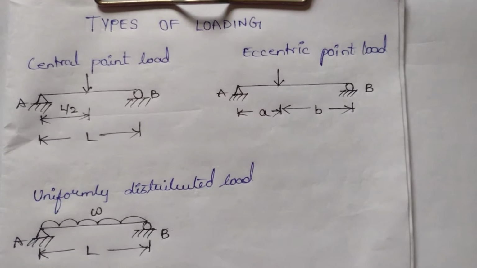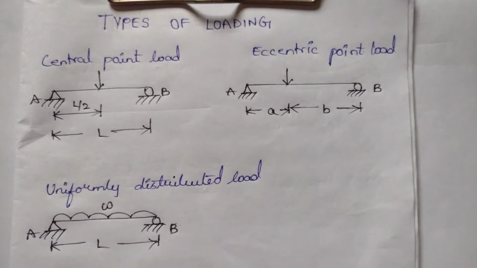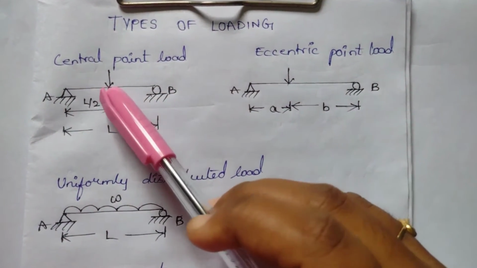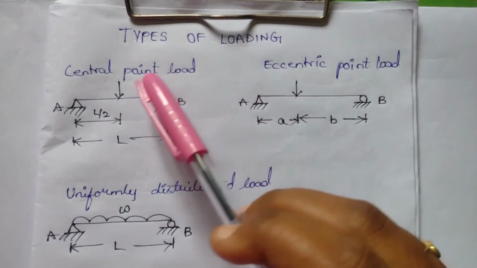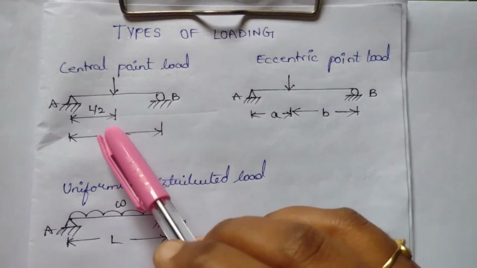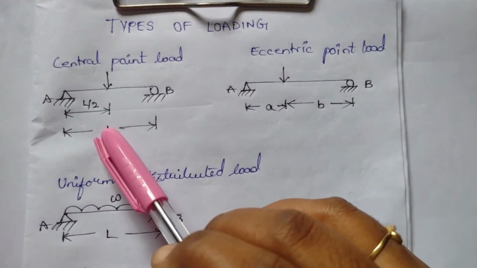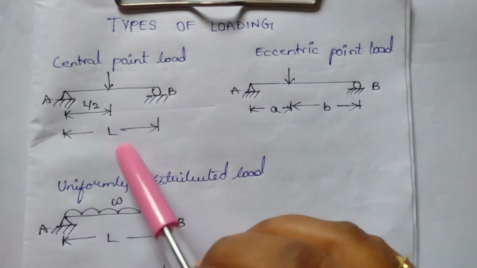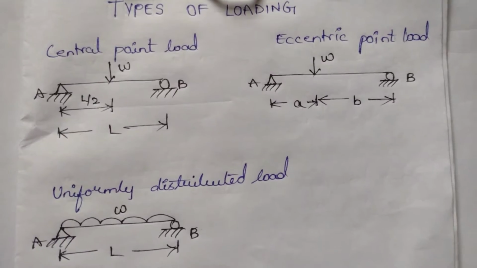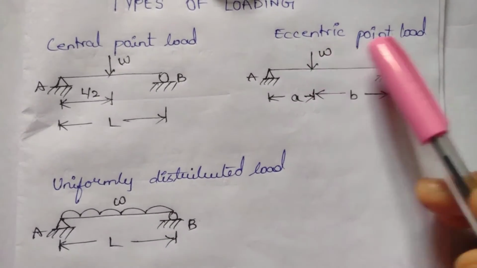Now let us discuss about types of loading. Generally in basic conditions we see only point loads acting. One is the central point load, that is load acting just in the center of the span. This is L, and at L/2 we have a load acting. In the second case we have eccentric point load.